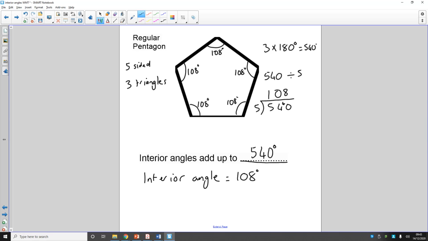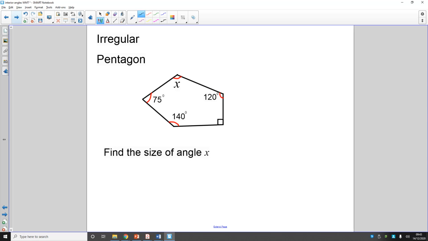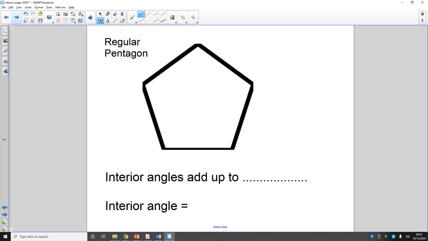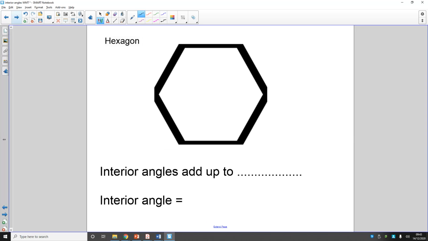This still applies to all pentagons, so anything with 5 sides, the interior angles add up to 540 degrees. This is what we call an irregular pentagon because the sides are of different lengths and all the angles are different as well. So we would need to make sure that all those angles in there add up to 540 degrees in order to find x.